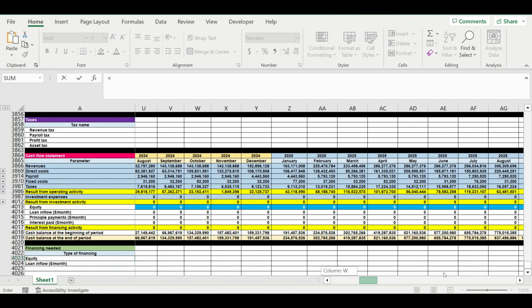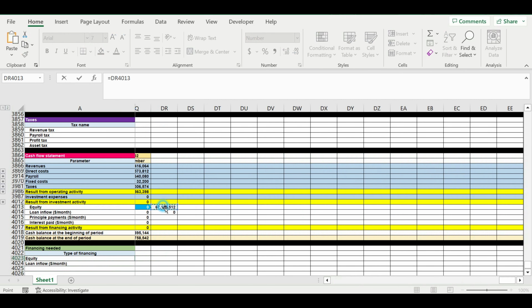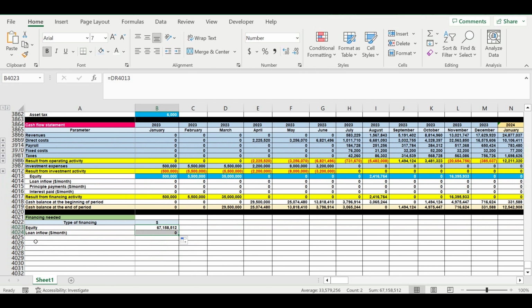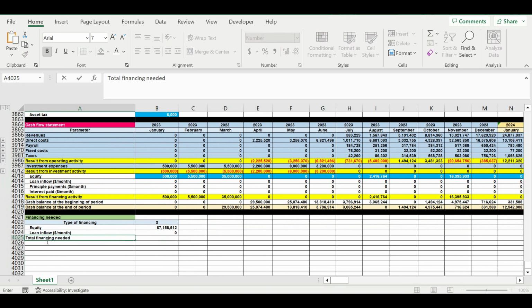Equity I'm pulling from here, and the next line will be the loan. And total financing needed will be the sum of equity plus loan.